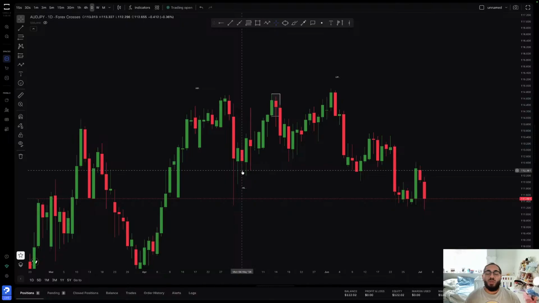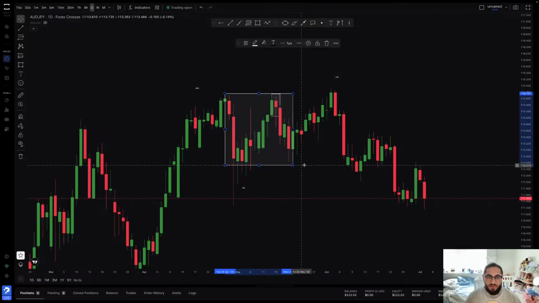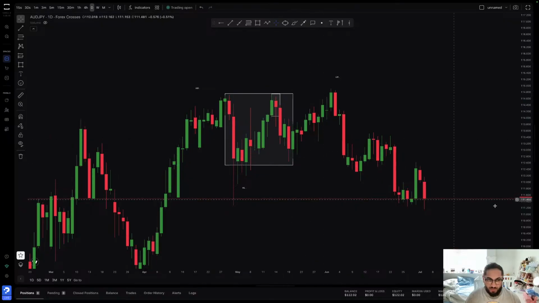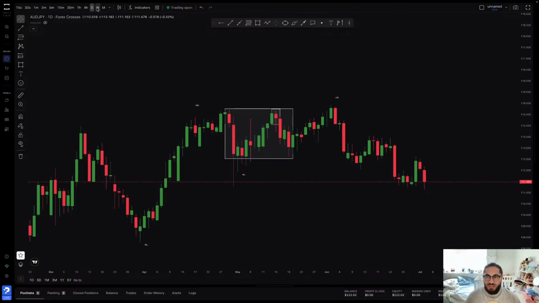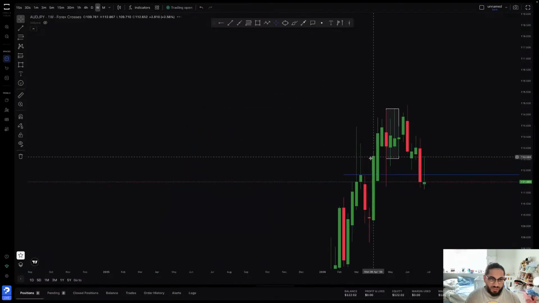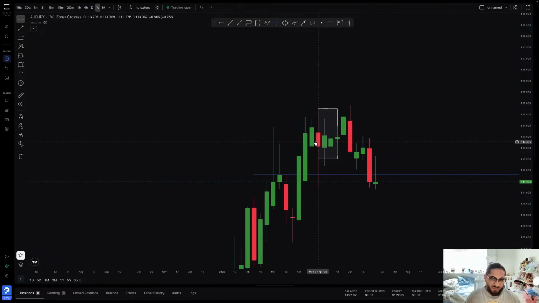If I'm looking at the current structure, it's pretty much this here. But how do I go about it when it comes to daily, weekly, and H4? We're gonna have to go back to the weekly just to confirm these candles here, this candle, and break that down.